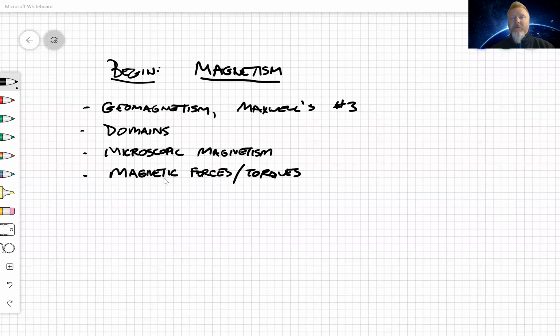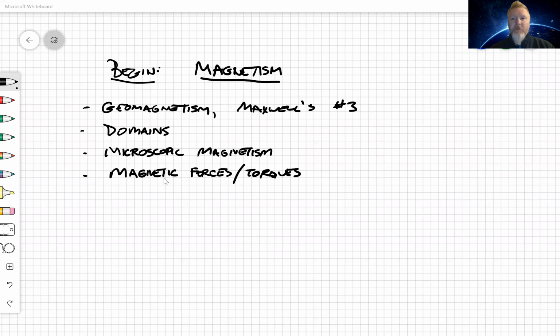It's been something that's been studied and thought about and gotten wrong plenty of times. Unfortunately, we've got Maxwell's equations now. So we've got to interpret what we've got with Maxwell's equations and try to make it fit with what we're seeing. So after that, we're going to go into domains, which is how magnetism works in a material.